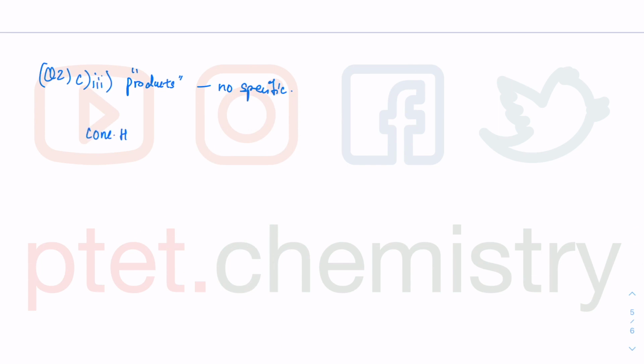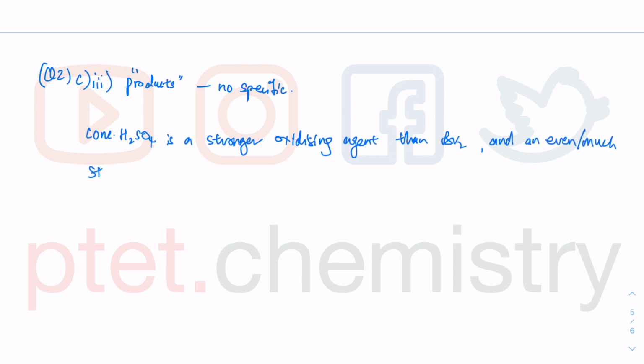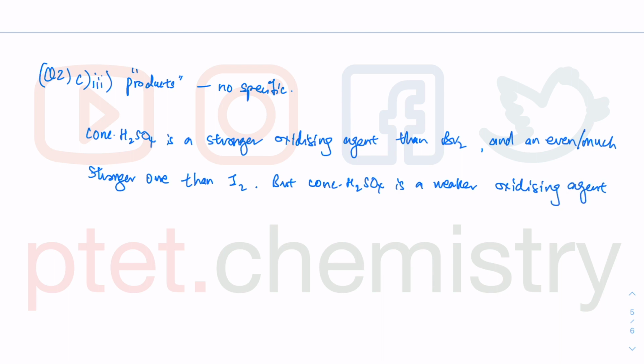So concentrated sulfuric acid is a stronger oxidizing agent than Br2, and a much stronger oxidizing agent than I2, but concentrated sulfuric acid is a weaker oxidizing agent than Cl2.